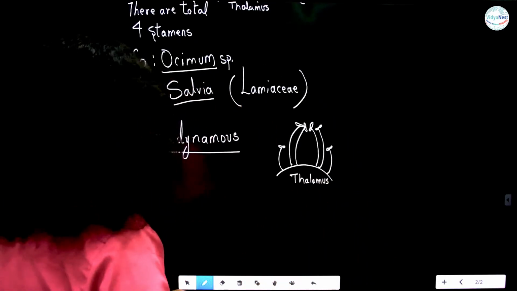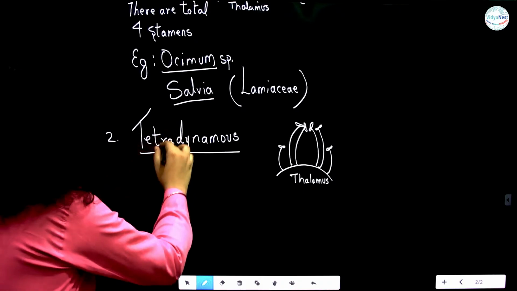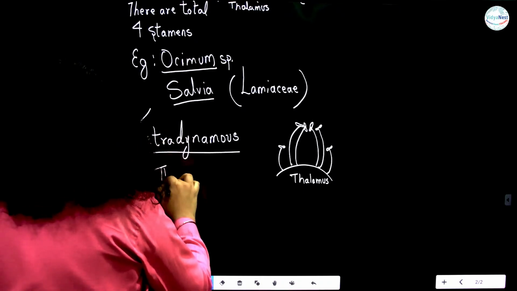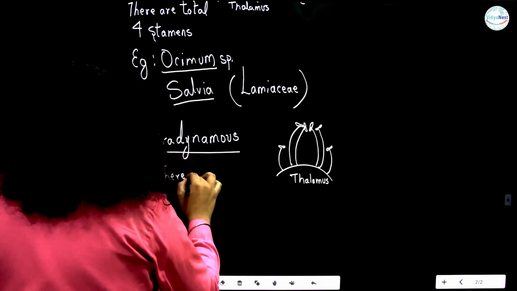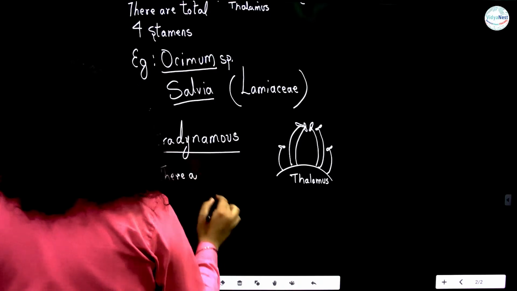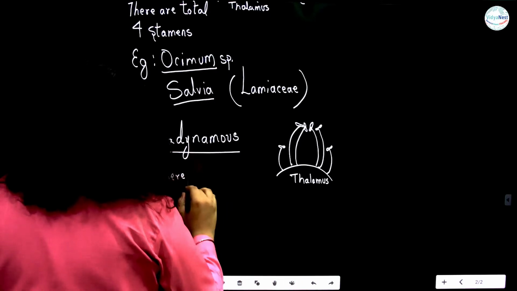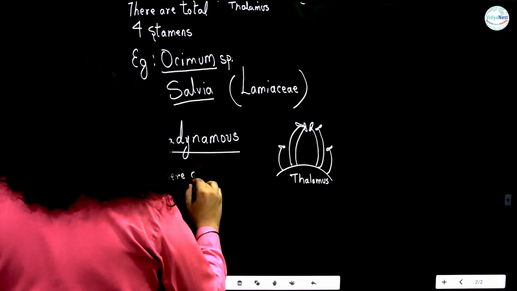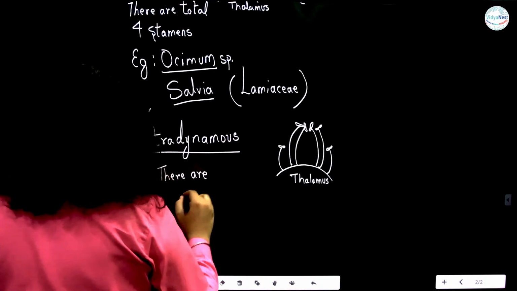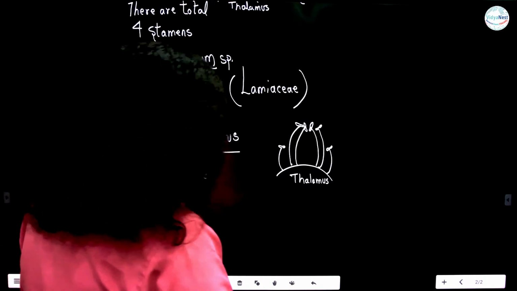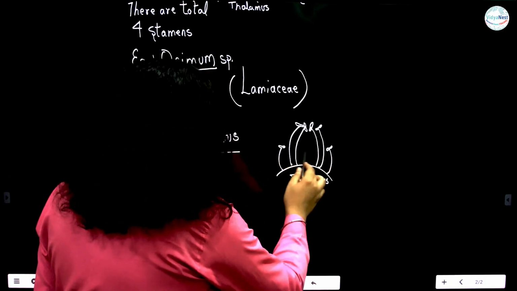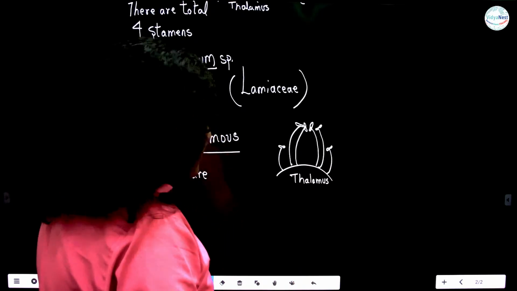So altogether, how many stamens? 1, 2, 3, 4, 5, 6. See, 6.